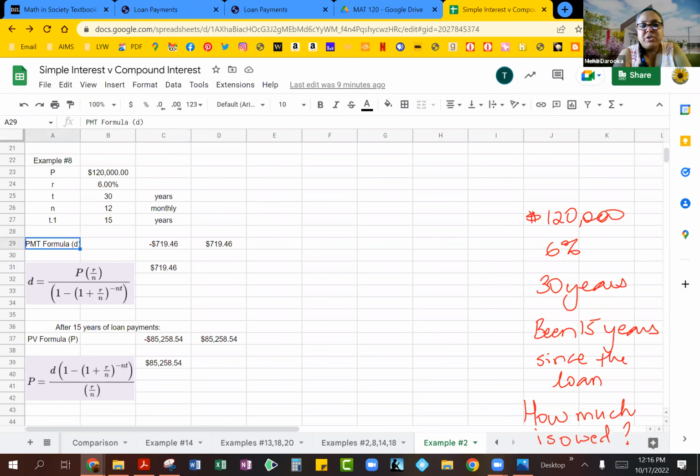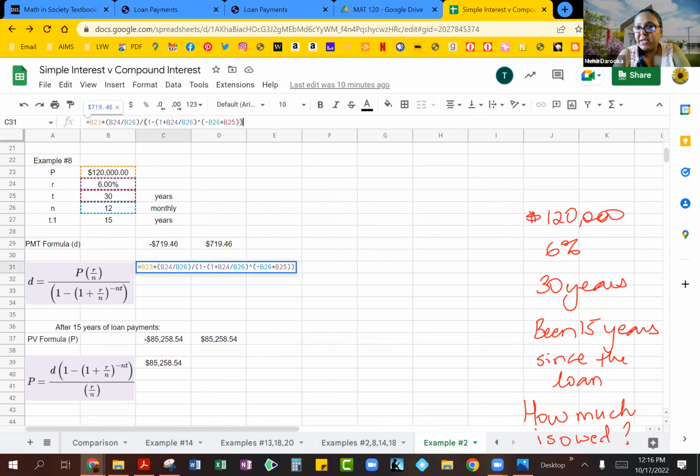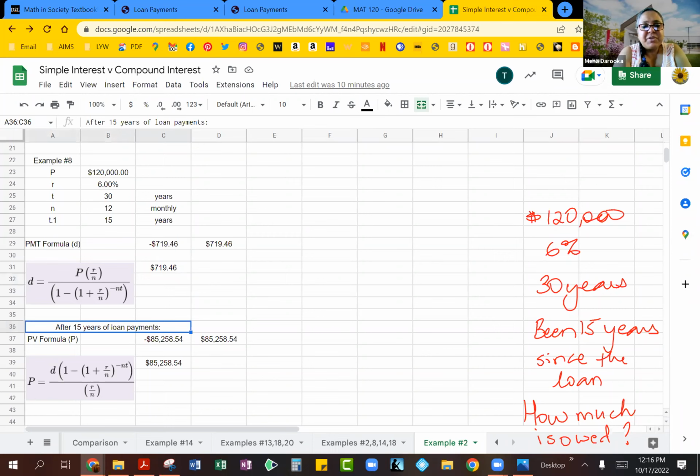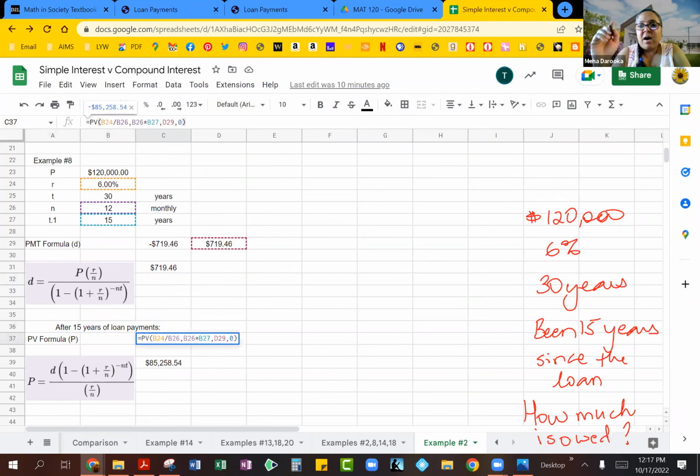So just keep in mind, this is the breakdown. Start with the original value. So this was where we used 30 years as our time and found the monthly payments. Again, if you use the textbook formula, same thing, we use 30 years over here. Got our 719, and then using 719 as our deposit, but this time we changed the time in the PV formula to 15 years.